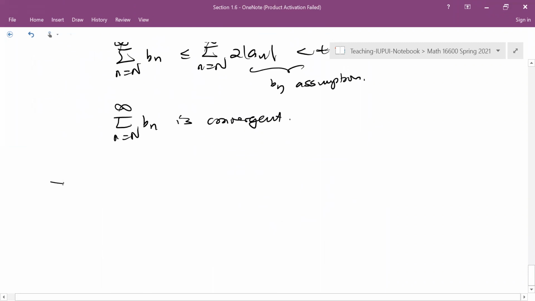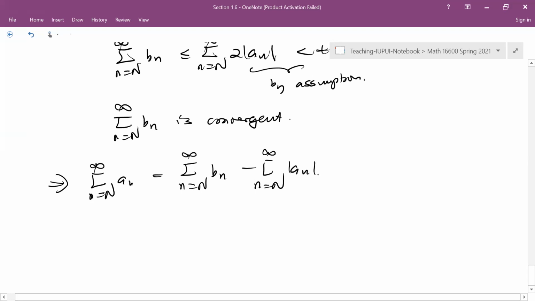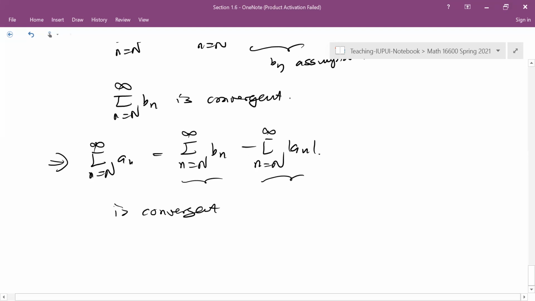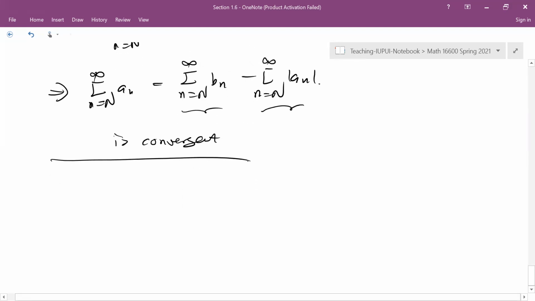So that implies the limit is going to be finite, both are finite here, so that is convergent. This is a pretty tricky argument, but we use a comparison test to prove that.